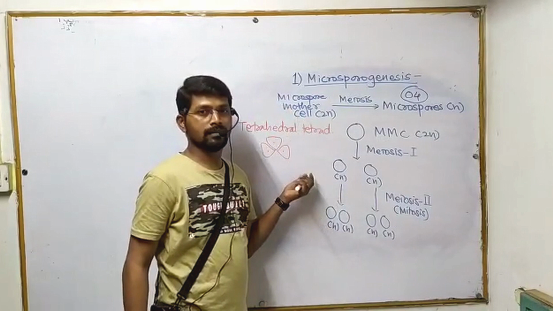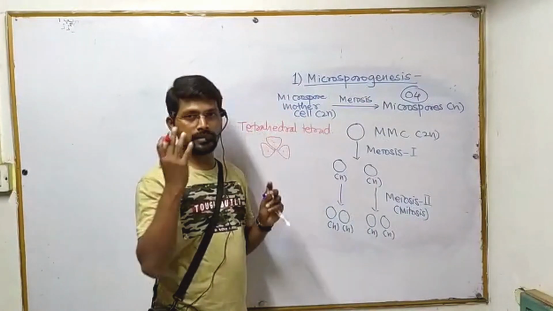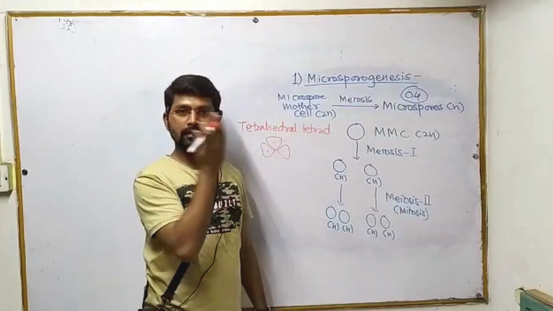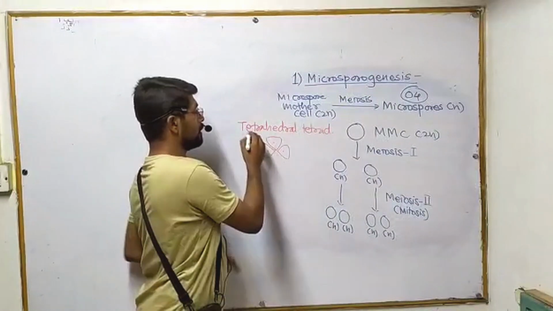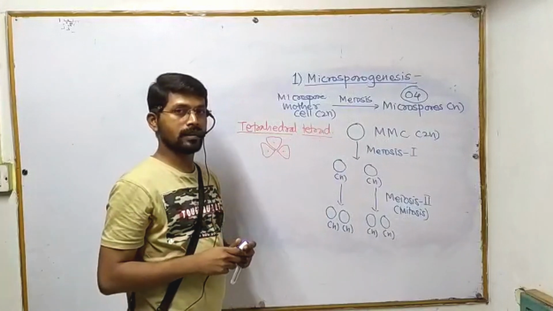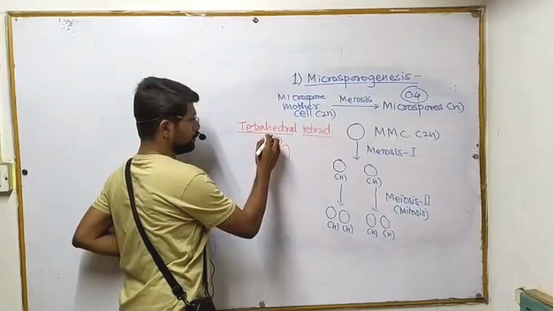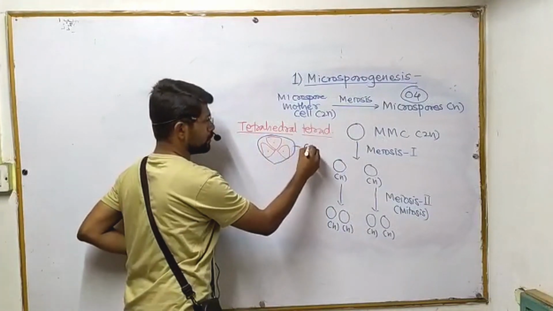Here you can consider the example of Brahmadev, who has 4 heads. You can observe only 3 in a mythological serial. So 1, 2 and 3. Where is the 4th one? It is situated behind. So this particular arrangement is called a tetrahedral tetrad. And these microspores are connected with each other in the form of a tetrahedral tetrad due to the specific thickening of callose.